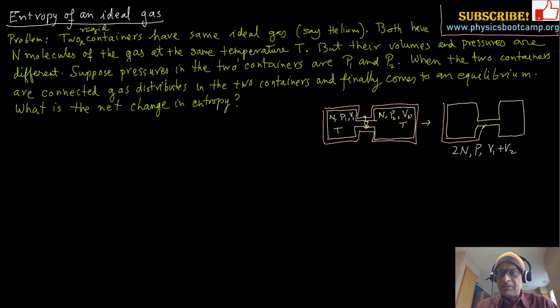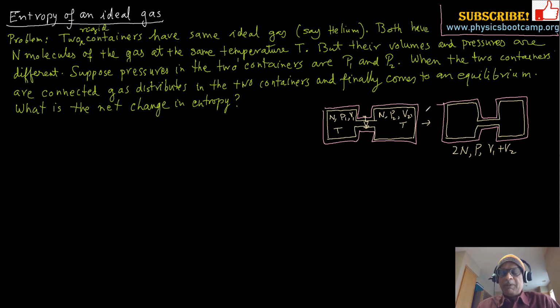And so these two containers, once you let go, the gas will flow, and then the pressure will equilibrate, and the volume will become the sum of the two volumes, right?